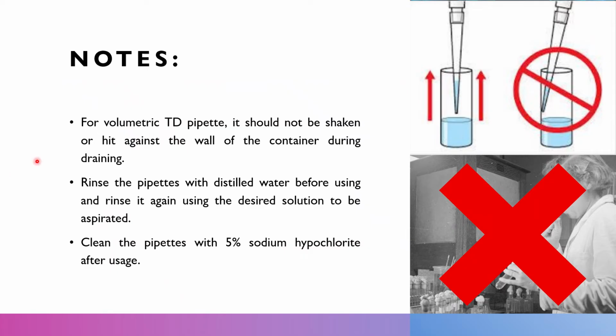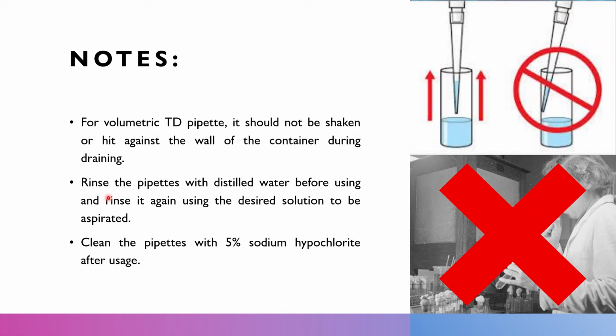Additional notes class, for volumetric to-deliver pipettes, it should not be shaken or hit against the wall of the container during draining. If there's an interruption, then that means the fluid being delivered to the receiving vessel is no longer accurate.